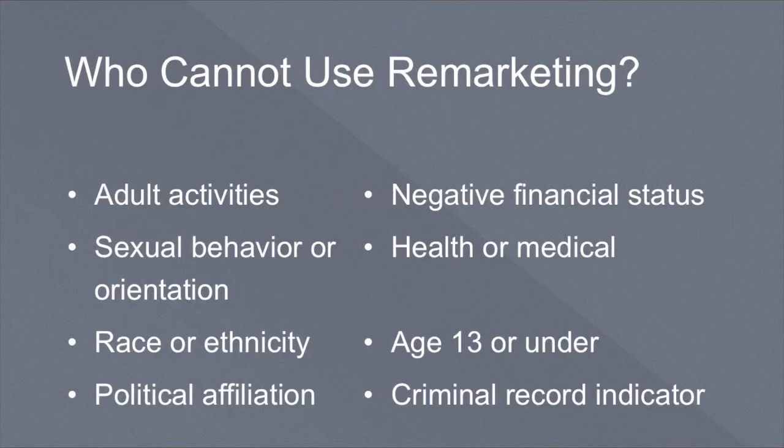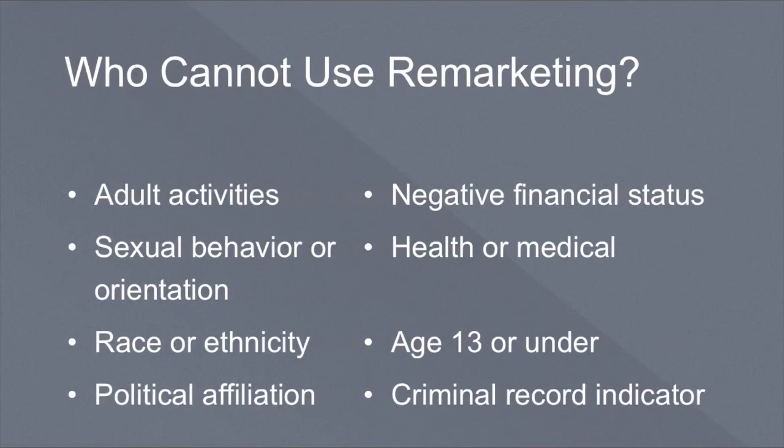You're in financial trouble, you've been searching for how to avoid foreclosure, for example. You come home, or your partner comes home, look at the computer and start seeing all these ads about what to do if you're at risk of foreclosure. That's going to be a pretty unpleasant circumstance for anybody. So for those kind of reasons, Google don't allow you to use remarketing.